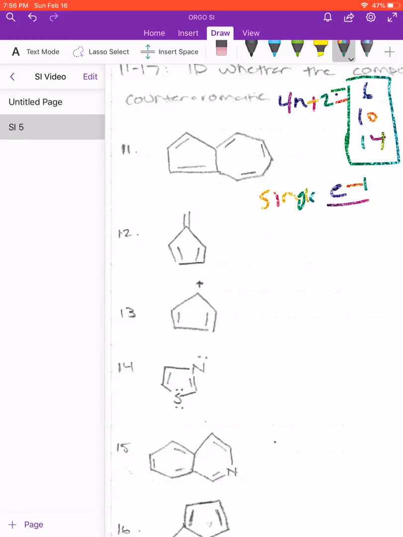So if this molecule has 5 electron pairs, then it's going to have 10 electrons, because each electron pair has 2 electrons. So by this molecule having 10 electrons, it satisfies Huckel's rule.